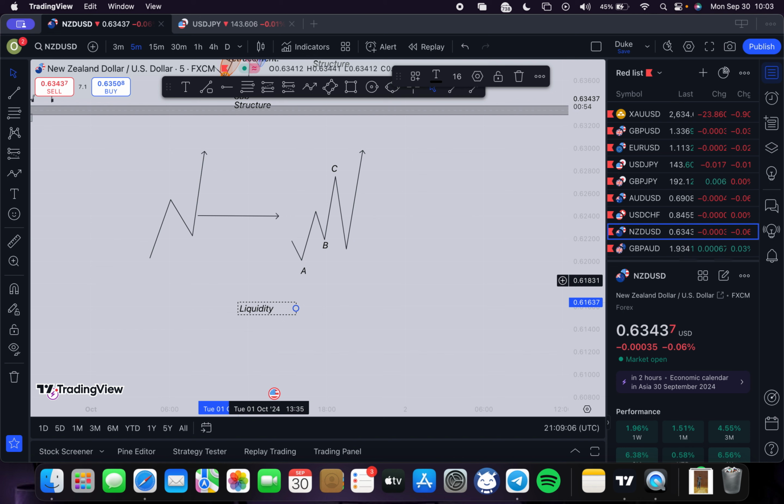Know that liquidity can be defined or seen as money in the market, where money lies, or fuel that moves the price. I like using this one: fuel that moves the market. Or let's say price. No, price will be better.